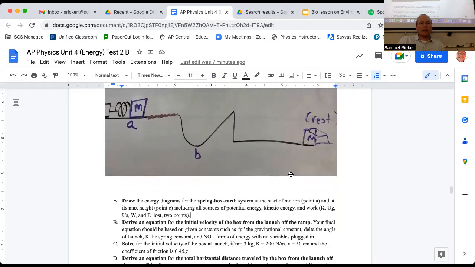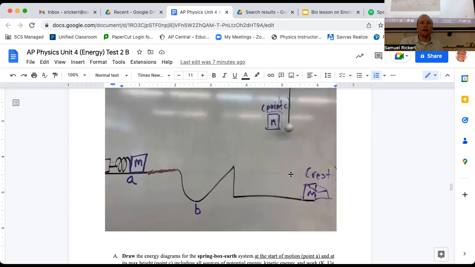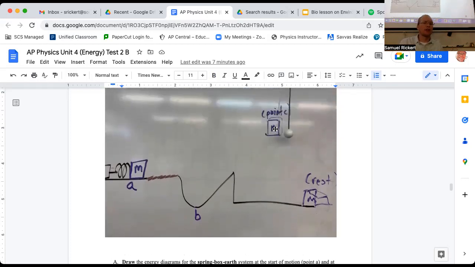So that's A. Everyone clear on A? We'll pick on Maggie because she hasn't participated yet. How come there's work due to friction even though we're in the air? Let's see if we understand.